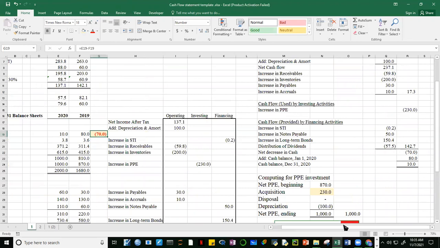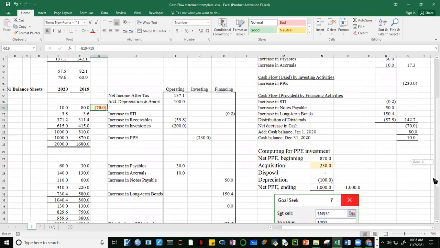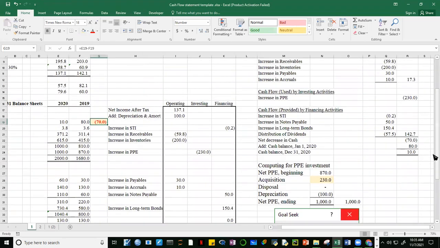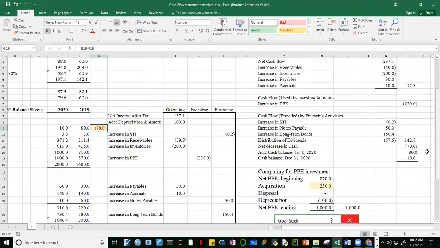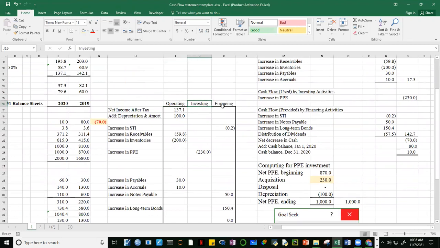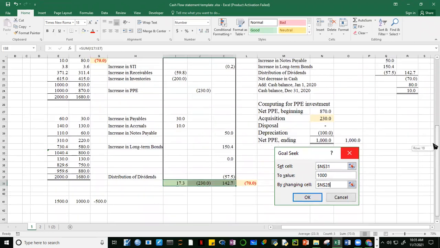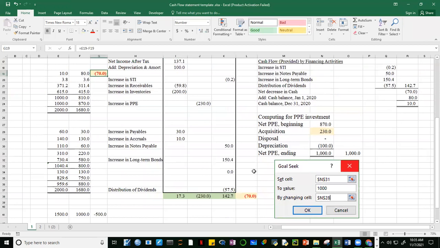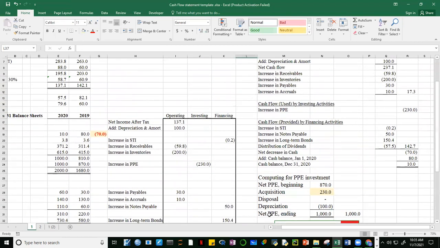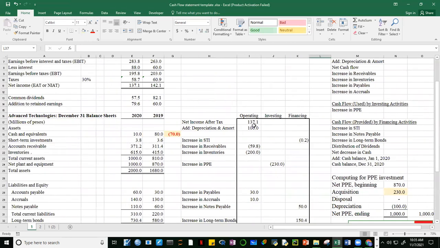Okay, so the best way to do this is to prepare a pro forma where we identify the operating, investing, and financing activities, okay? And then we add everything here and check whether it tallies with the increase or decrease in cash, okay? So we start first with the net income after tax, and that will form part of your operating activity.